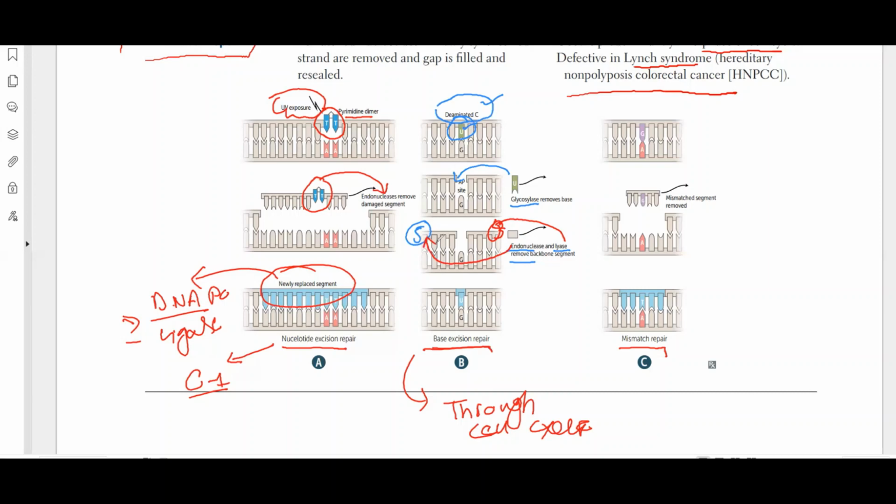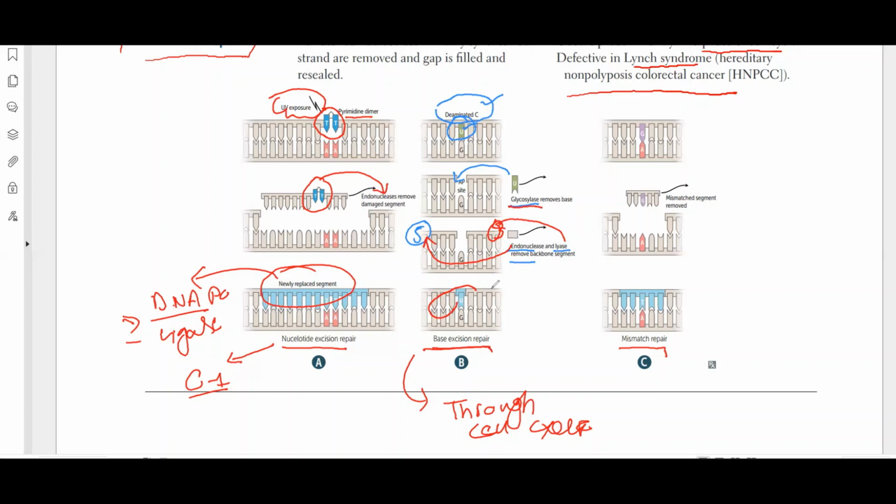So the sequence of the enzymatic process in deamination is first glycosylase, then AP endonuclease, and then lyase. Finally, DNA polymerase fills this gap, and after that the ligase seals this repair.